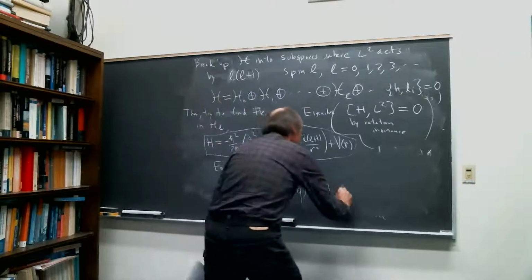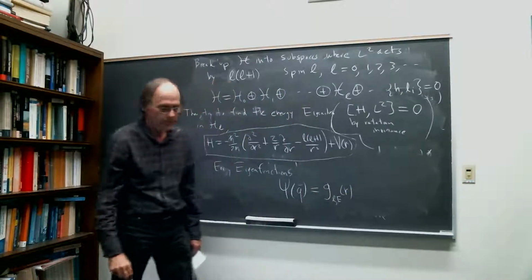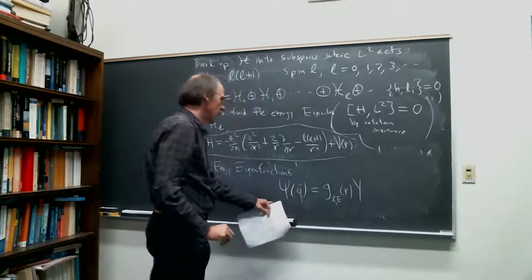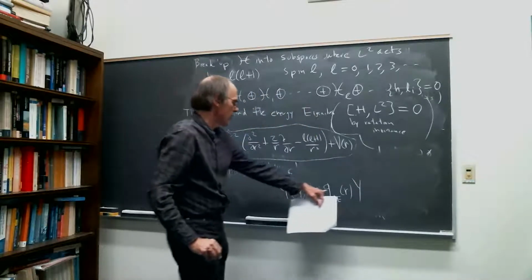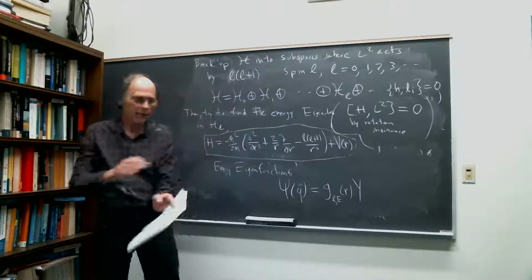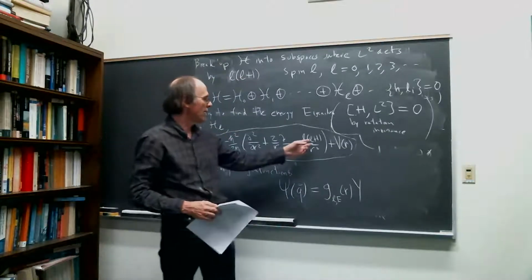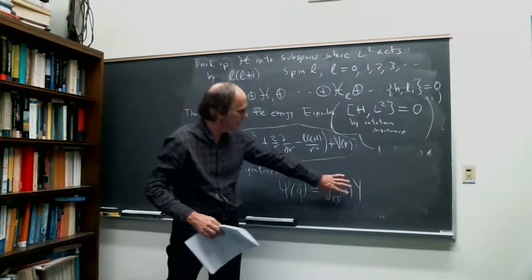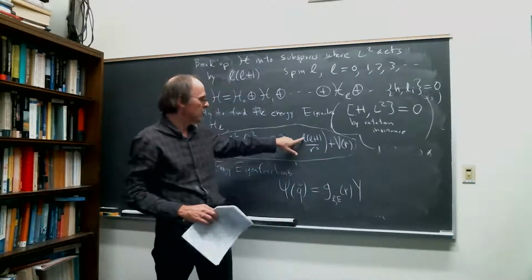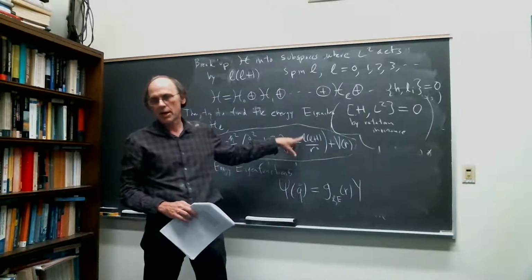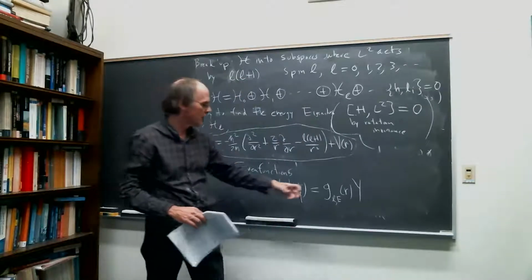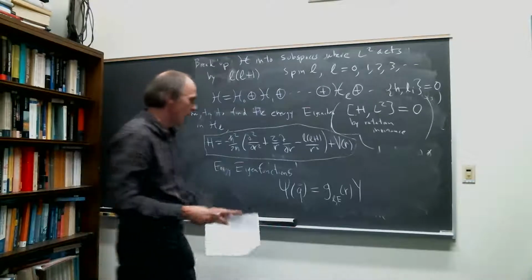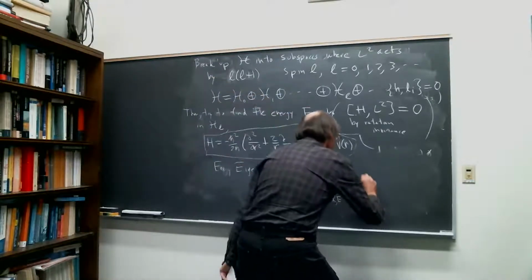This function only depends upon R, but the dependence on the angles is just going to be given by the dependence on the angles of the functions in the spin-L representation, and these are just the spherical harmonics that you've already seen. So these are the Y_{L,M}(θ, φ).